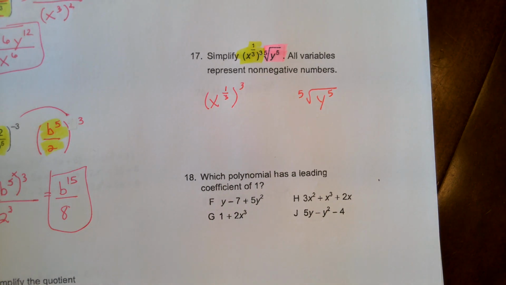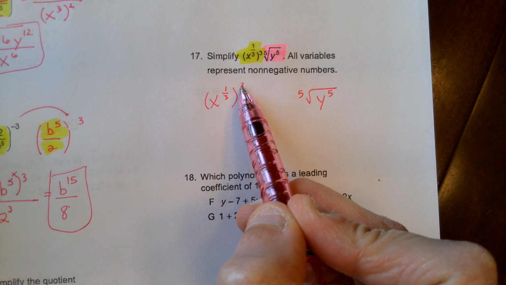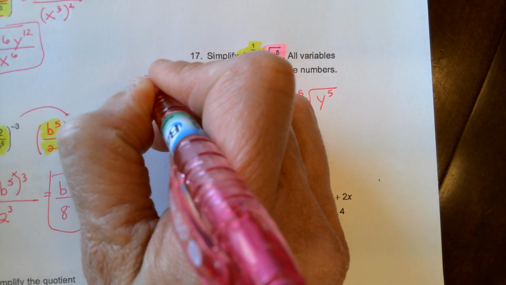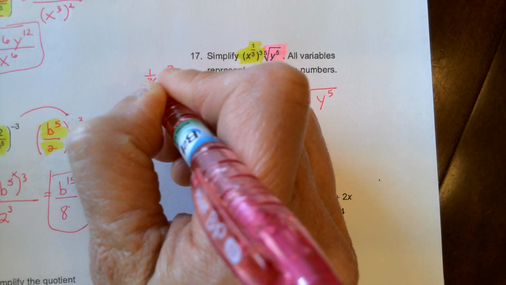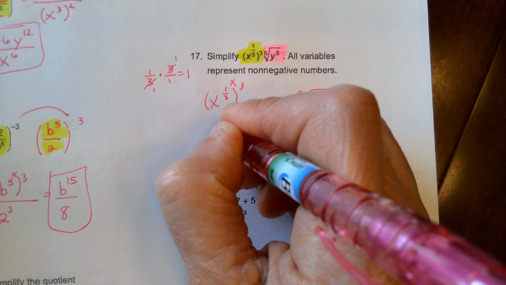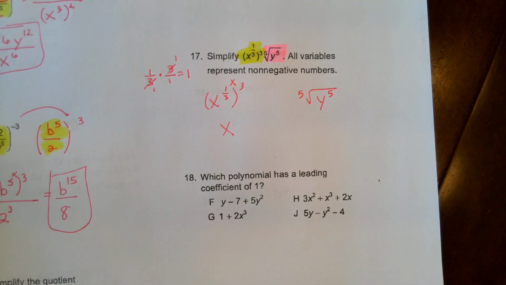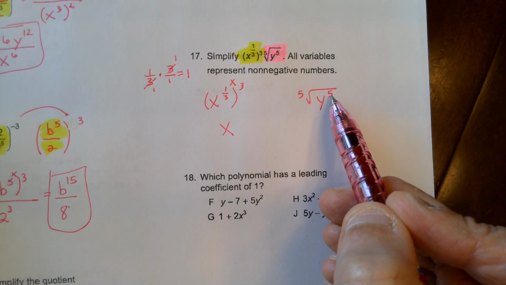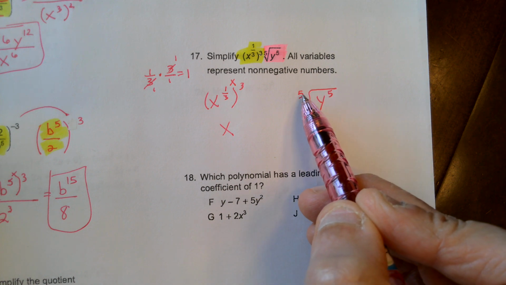Of course, I'd recommend you do that because when you split them, it's a little easier to see, because power to a power, what do you do? You multiply. And what is a third of 3, class? 1, right? If you had 3 pizzas, what's a third of them? 1 whole. Okay, so I have just x to the first power, or x. And then remember you can also do the power divided by the root.